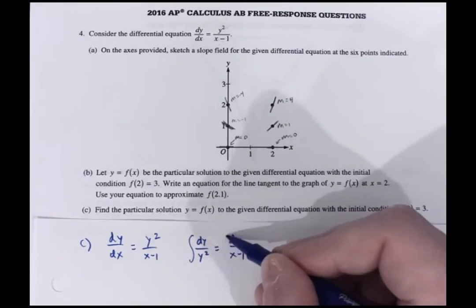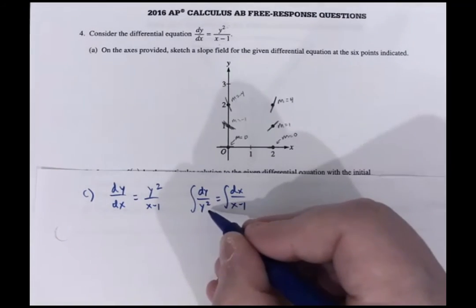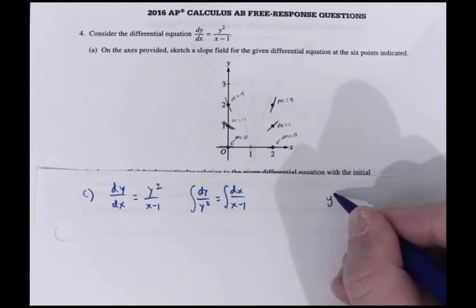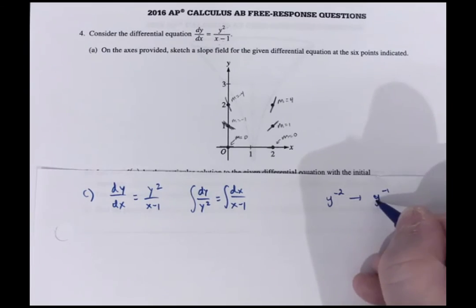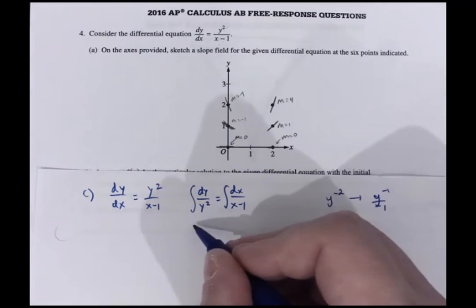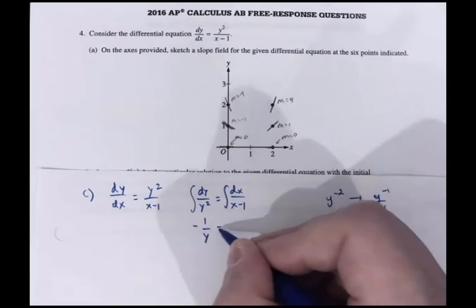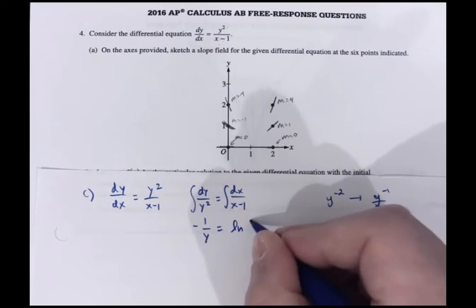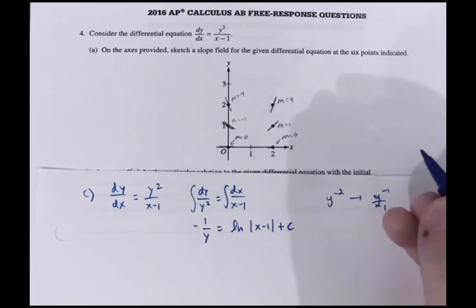So now when we perform an integral on both sides, the integral of y to the negative 2, add 1 to the exponent and divide by the new exponent, would be negative 1 over y. And then for the antiderivative of dx over x minus 1, we get a logarithm of x minus 1, of course, plus some kind of constant.